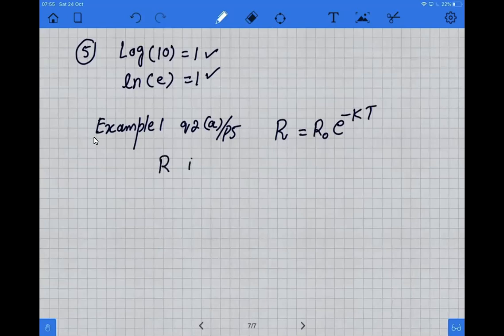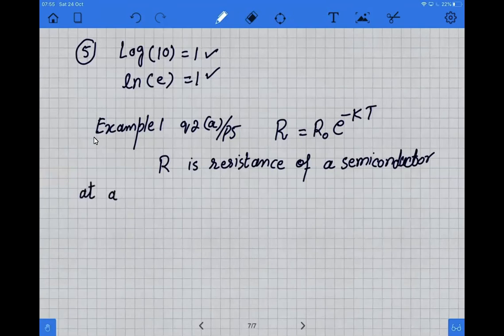R is resistance of a semiconductor at a temperature T.